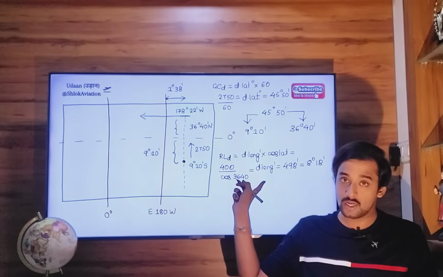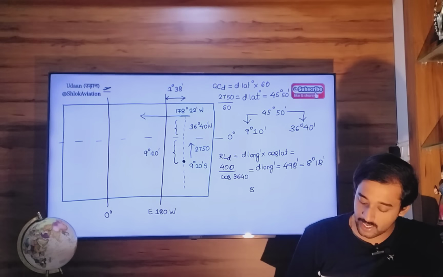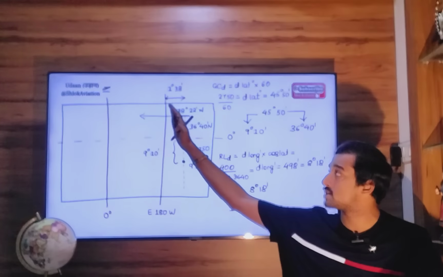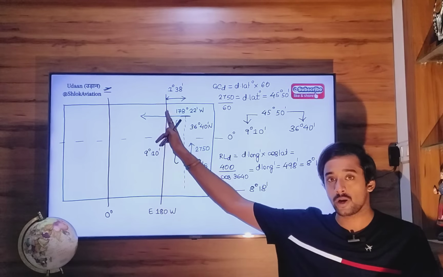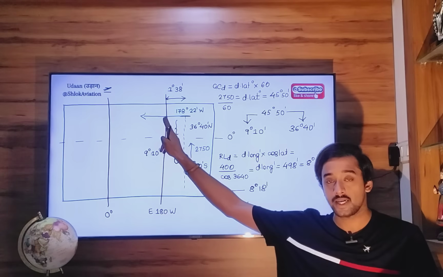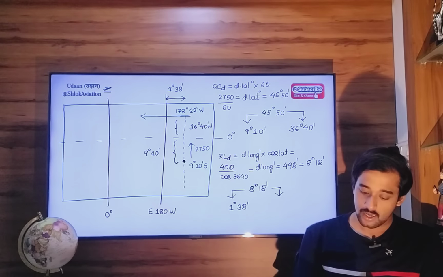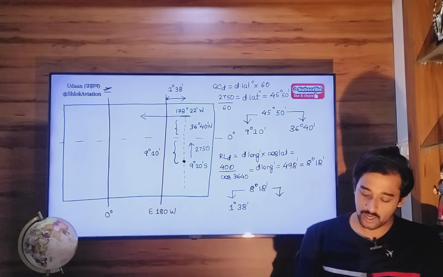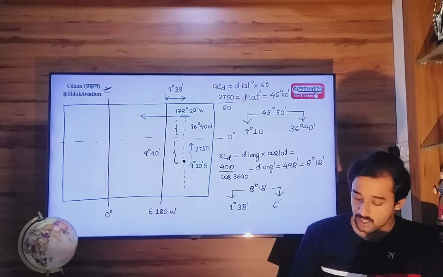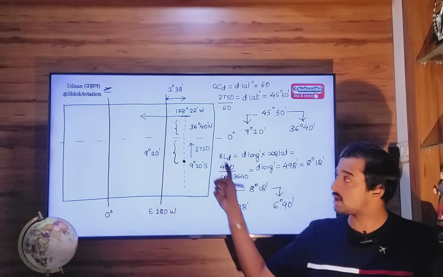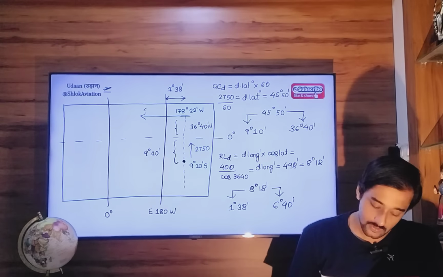Now out of this total D long of 8 degrees 18 minutes, 1 degree 38 minutes will be traveled in the western hemisphere like this. At the anti-meridian you are going to cross it and enter the eastern hemisphere. So the remaining difference is 8 degrees 18 minutes minus 1 degree 38 minutes, which is 6 degrees 40 minutes. So you are going to travel the remaining 6 degrees 40 minutes in the eastern hemisphere.